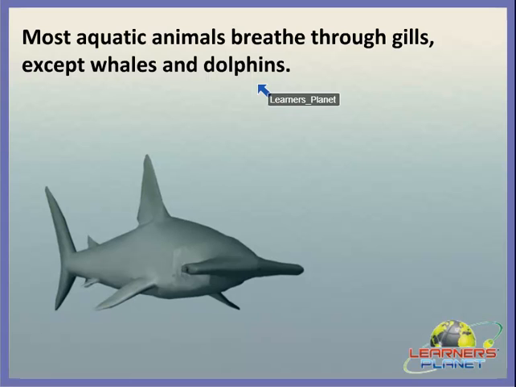They do not have gills like other aquatic animals. So dolphins and whales are such aquatic animals which breathe through lungs, right? And the rest of the aquatic animals breathe through gills.